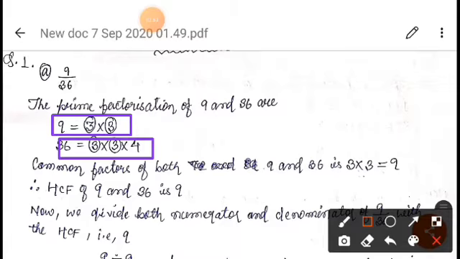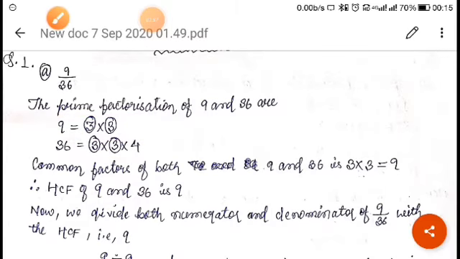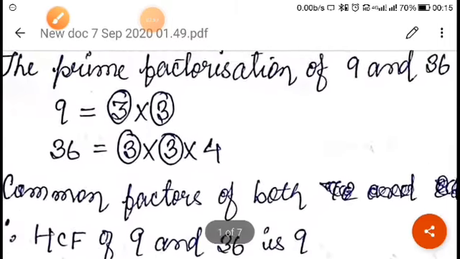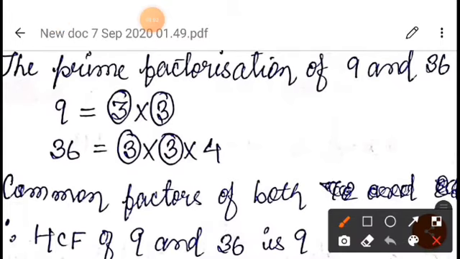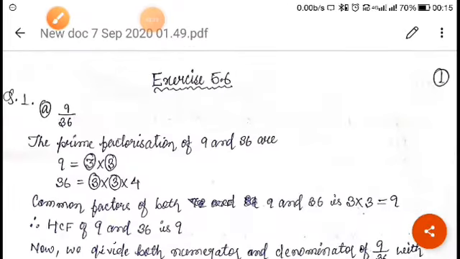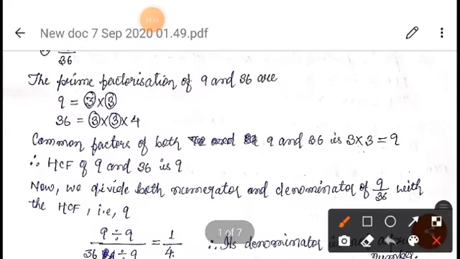After doing this, we have to see which factors are common here. When you look, this 3 and this 3 are common, and this 3 and this 3 are common, right? So we can write the common factor of both 9 and 36 as 3 into 3.